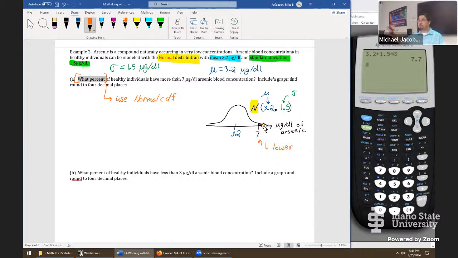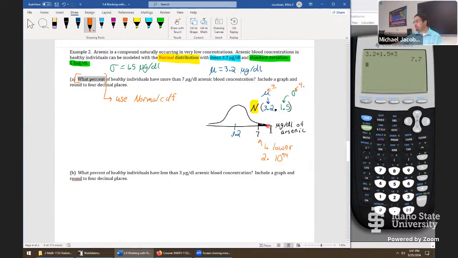The area we have shaded goes to the right forever, never ever stopping. So that means for input 2, we put in the largest possible number supported by the calculator, 10 to the power 99. Last, inputs 3 and 4 are just the mean and standard deviation that was provided in the problem.